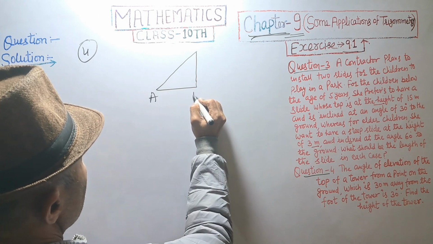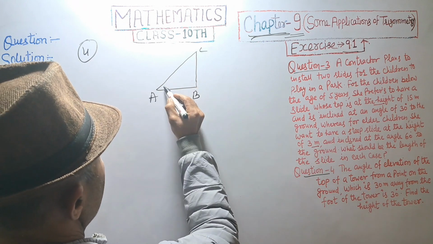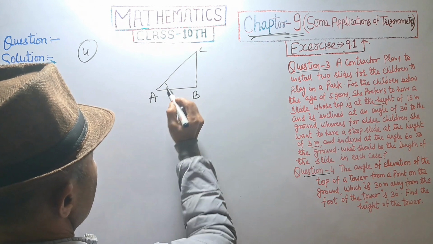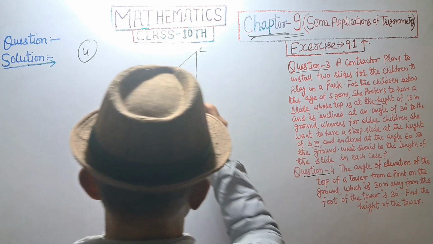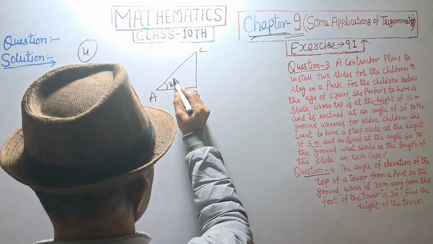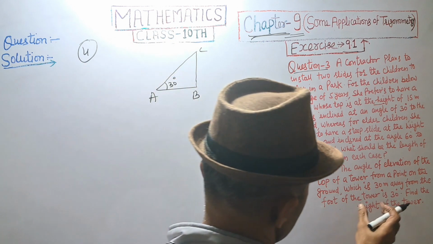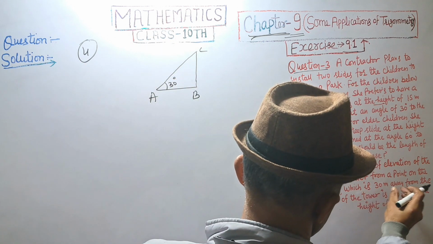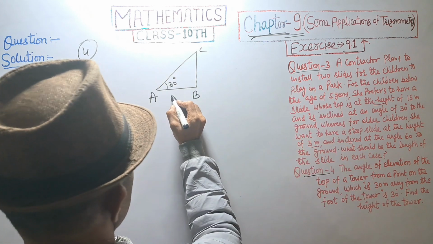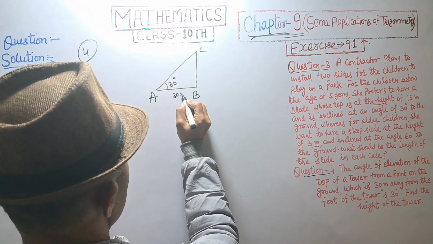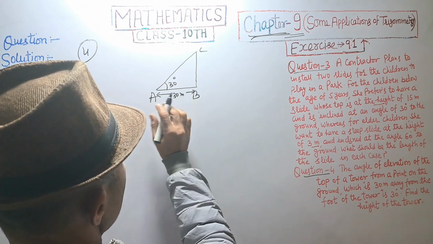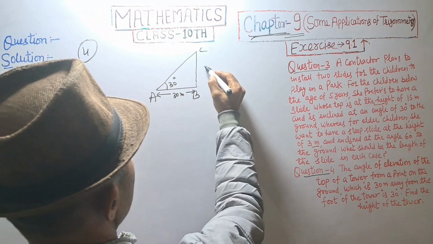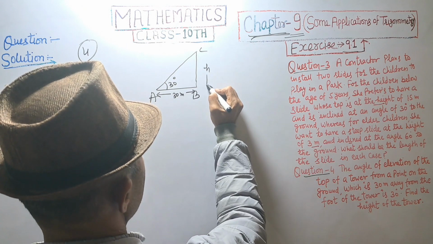Draw a triangle ABC in which angle A is 30 degree and which is 30 meter away from the foot of the tower. We want to find height.